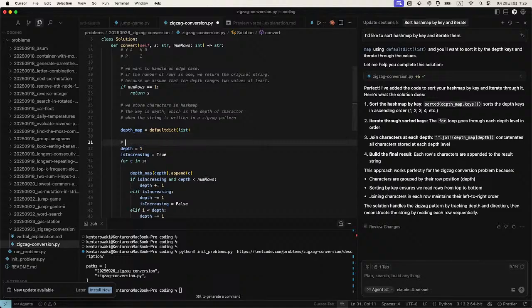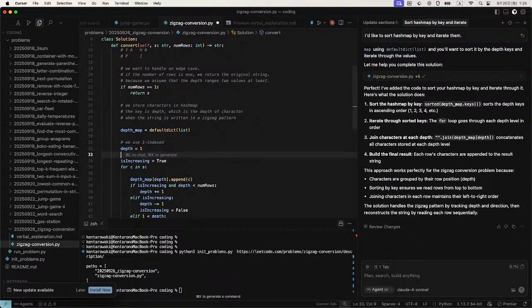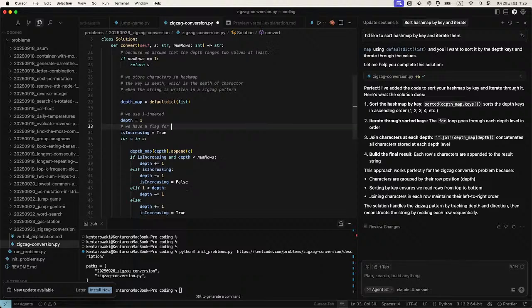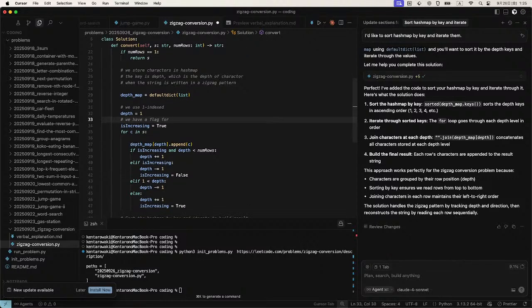And we use one indexed, and also we have a flag for zigzag direction.